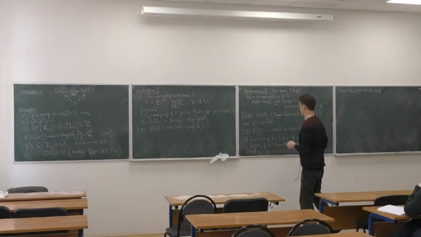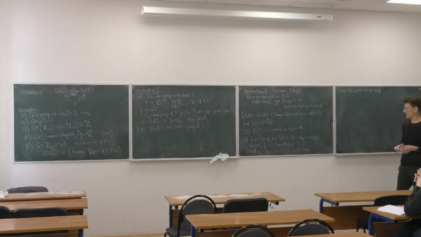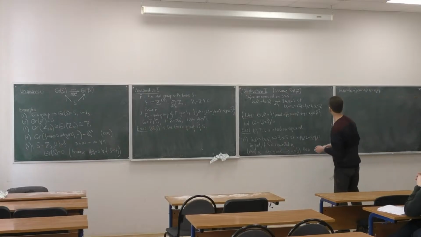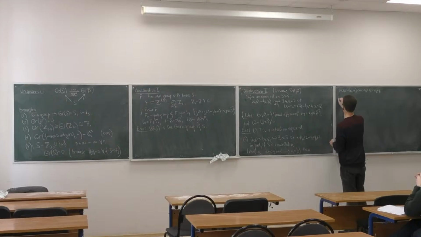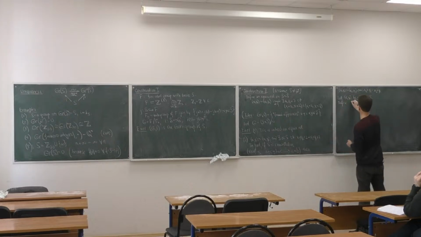Okay, so we get an equivalence relation, we can form the quotient, and we can define an operation. If we have two pairs (x1, y1) and (x2, y2), then we define an operation on G as follows.